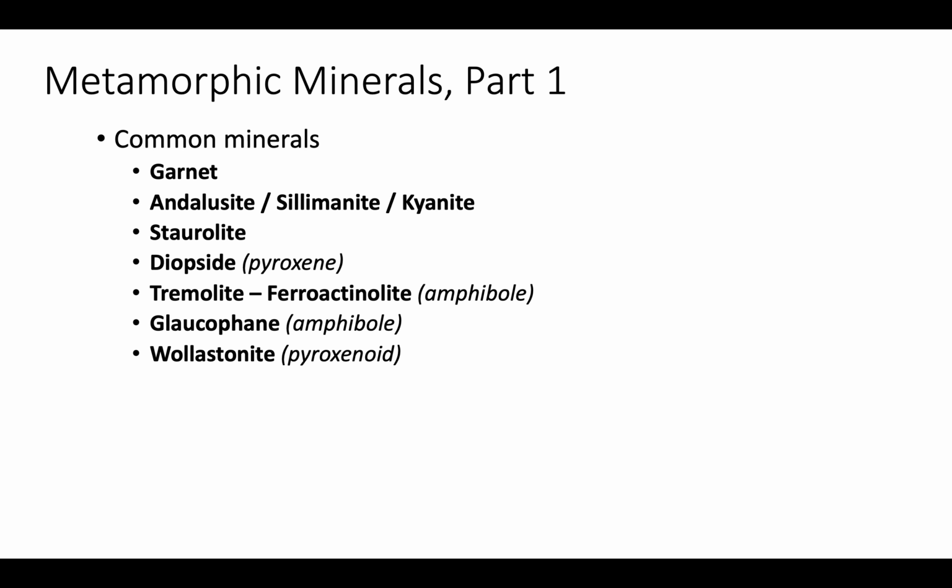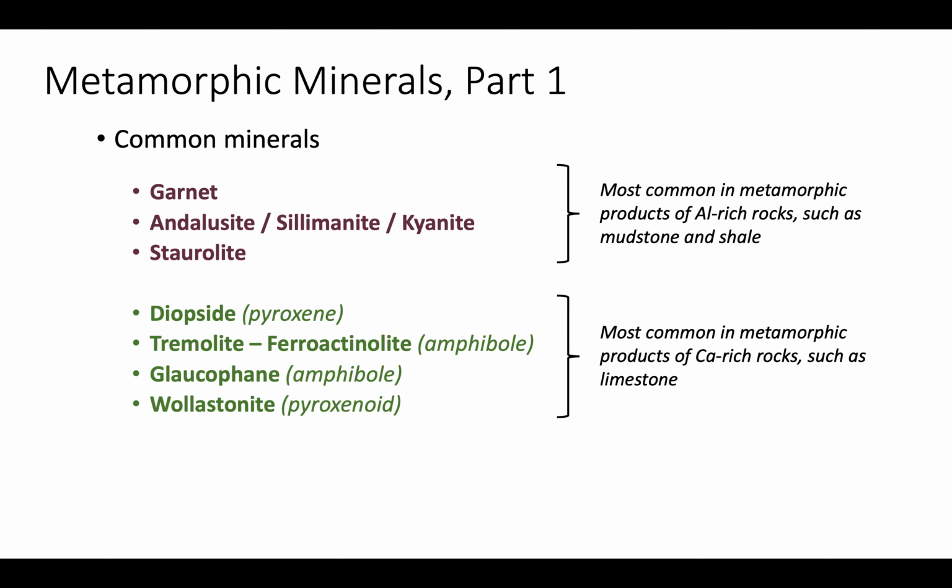So we'll be talking about diopside, which is a pyroxene, the tremolite-ferroactinolite solid solution, which is part of the amphibole group, glaucophane, which is another part of the amphibole group, and finally wollastonite, which is what we call a pyroxenoid. It's not quite a pyroxene. We'll talk about that later.